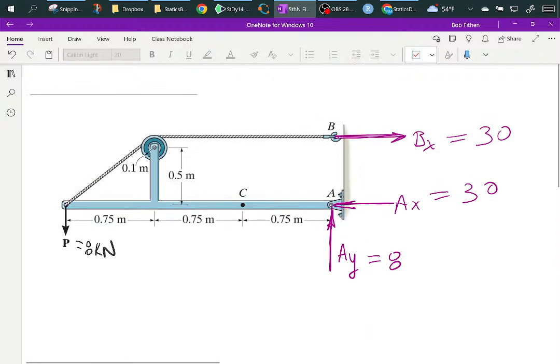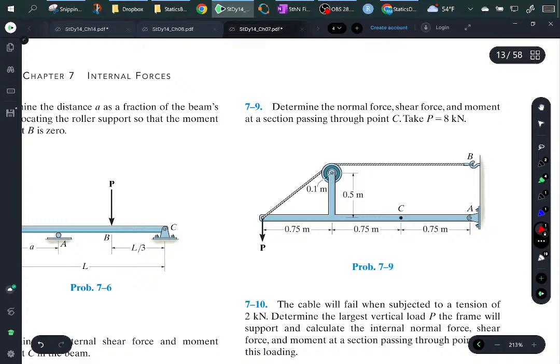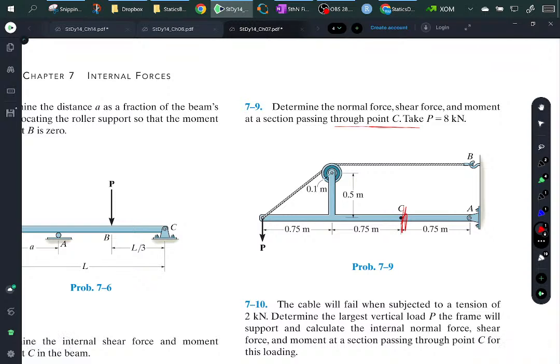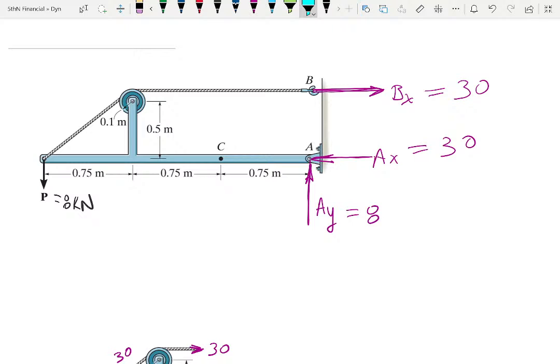Obviously, let me look back at what he determined: the normal force and the moment in the section passing through point C. There are two ways to do this. One is taking this portion, the other is taking all of this.